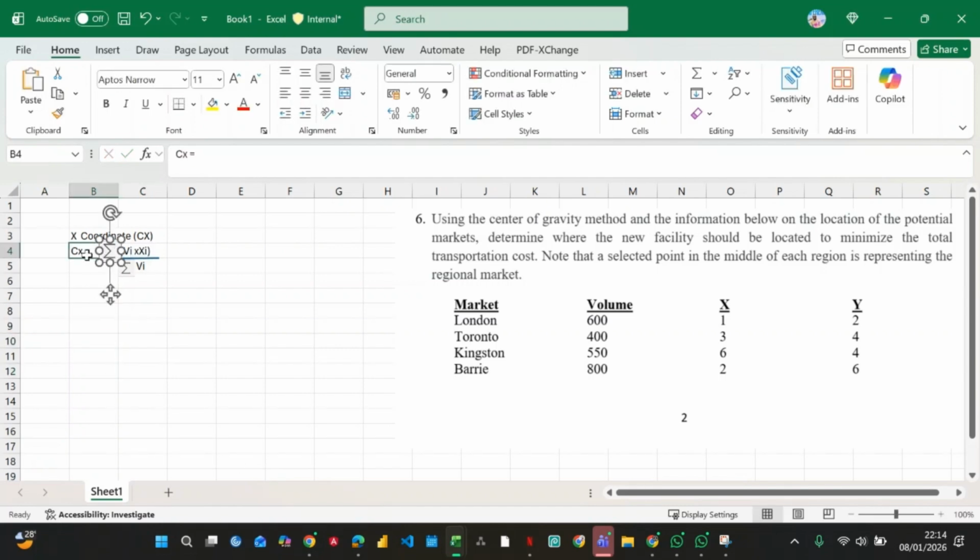And then the y, so we'll go to the next formula, right? So for the y now, this same formula that we have here, we'll just copy everything that we have here and use it again for y. So instead of x, we now have vi times yi. Let me just write it.